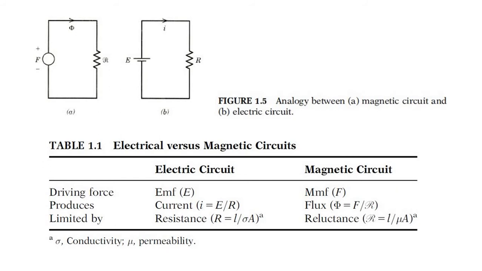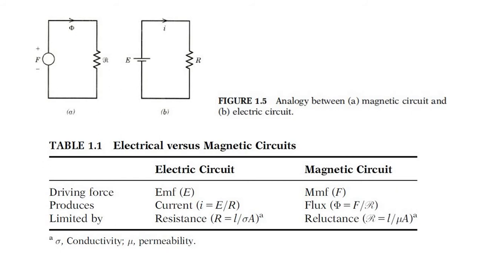Next, in the electrical circuit and magnetic circuit, vice versa. So we differentiate the basic components of electrical versus magnetic circuits. First, the electric circuit, next the magnetic circuit. Driving force: in the electric circuit EMF, in the magnetic circuit MMF.